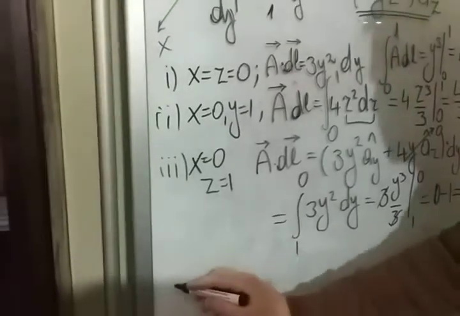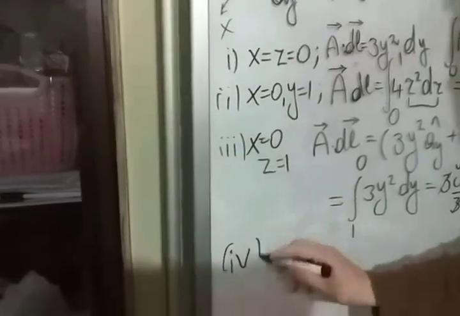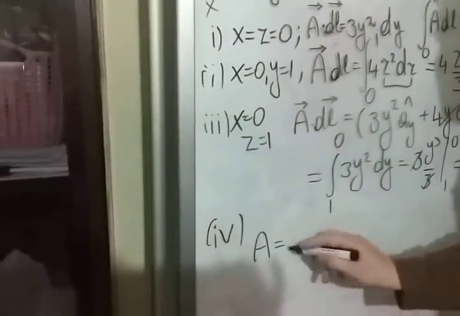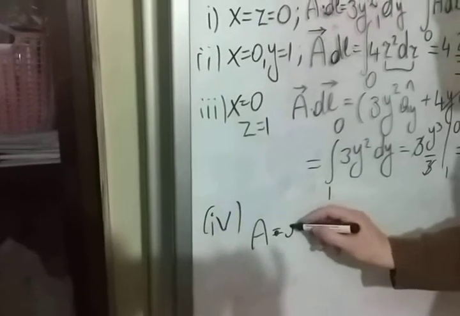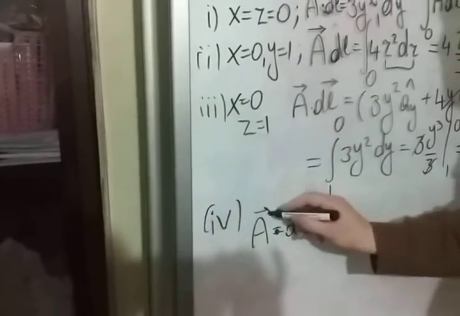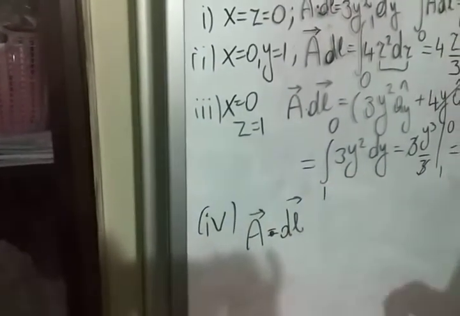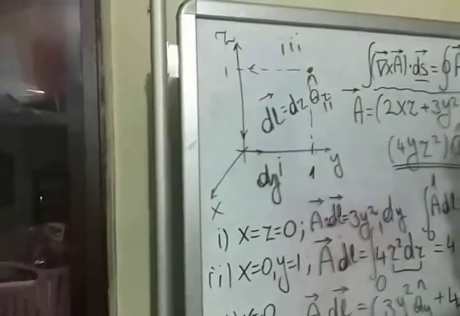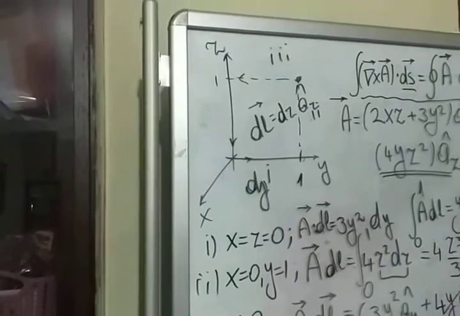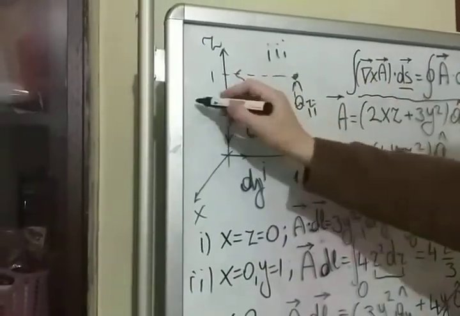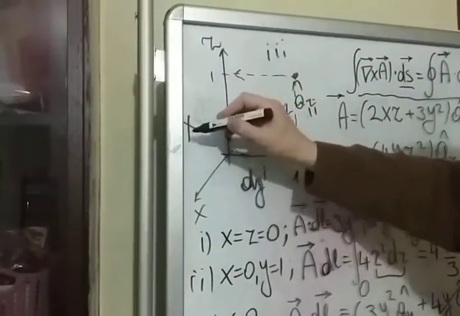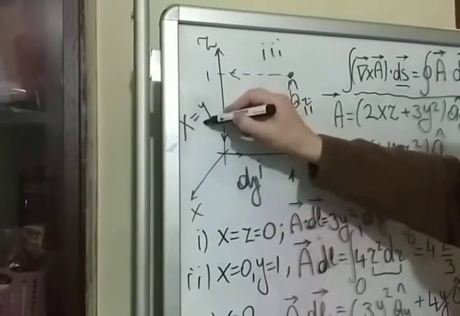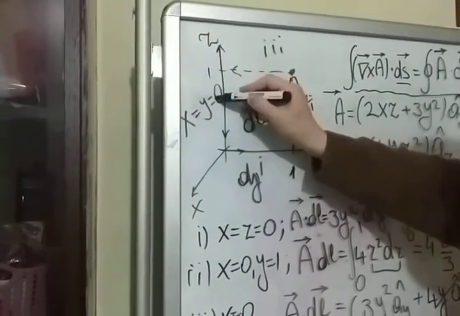Then along the fourth path, this is A dot dl. So let's have a look. And along the fourth path, let me write it on this part. Let's see what we get. Along here, we have x equal to 0 and z equal to 0.